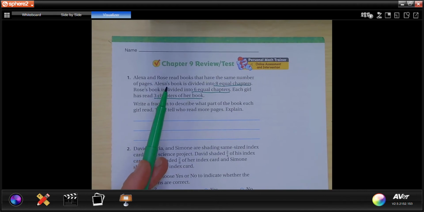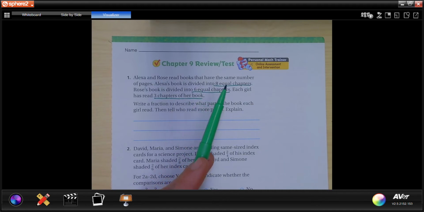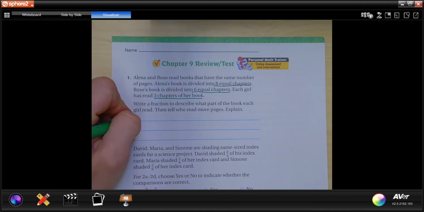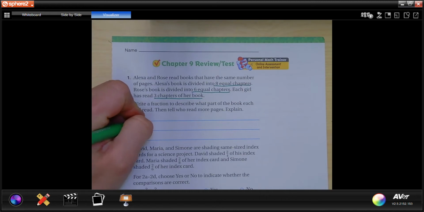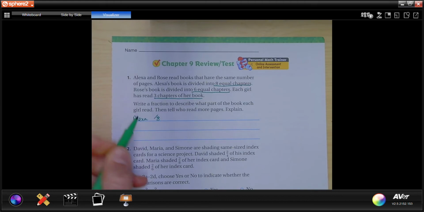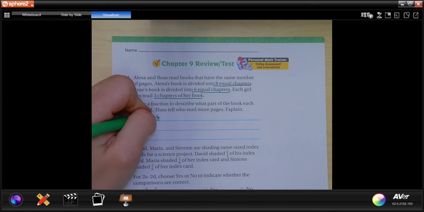So Alexa, her whole book was divided into 8 equal chapters or parts. So we know that in her whole book there are 8 parts. So 8 is our denominator for Alexa. So Alexa, her denominator is 8, and she read 3 chapters of her book.